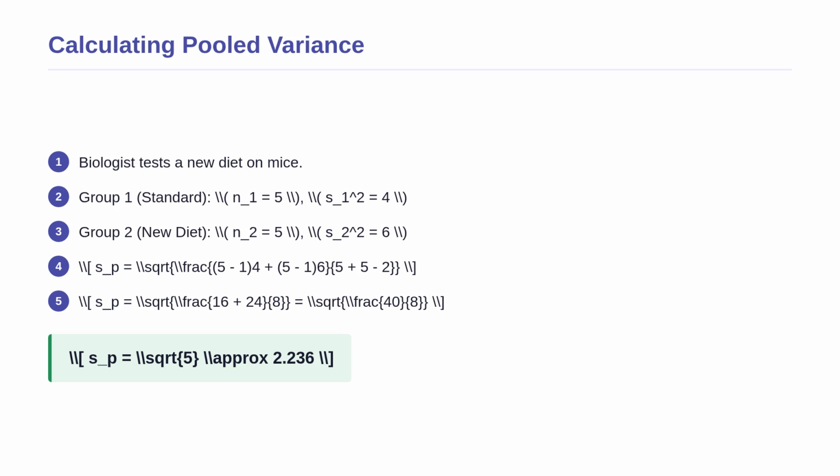The numerator simplifies to 16 plus 24, which is 40. We divide that by our total degrees of freedom, which is 8. The result is the square root of 5. This gives us approximately 2.236, which represents the average natural variation in weight gain across all the mice.